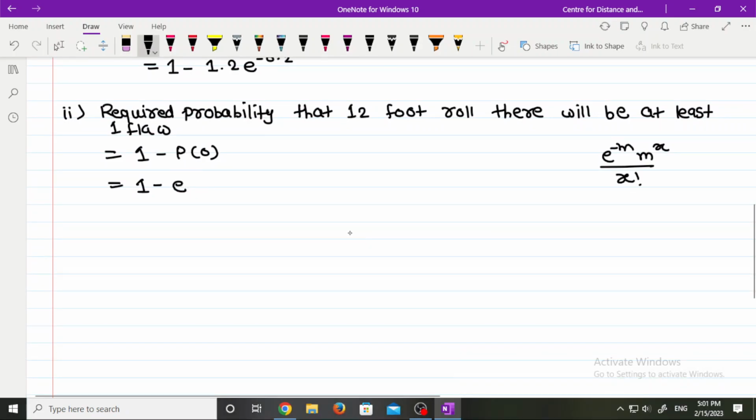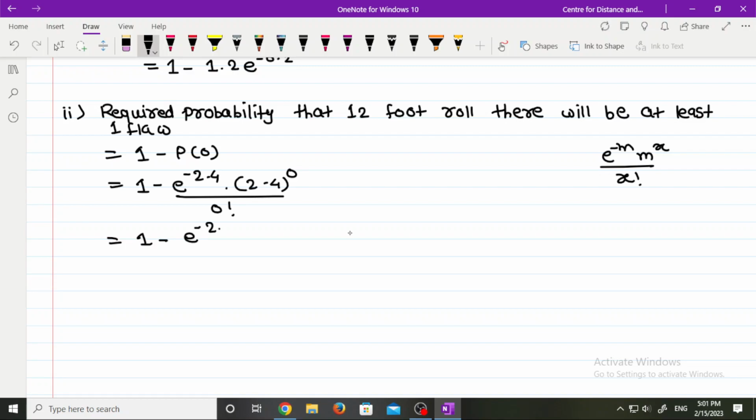Here we write e raised to minus 2.4 into m, that is 2.4 raised to 0 divided by 0 factorial, which is equal to 1 minus e raised to minus 2.4 into 2.4 raised to 0 is 1, 0 factorial is 1. So, here we get the final answer 1 minus e raised to minus 2.4.